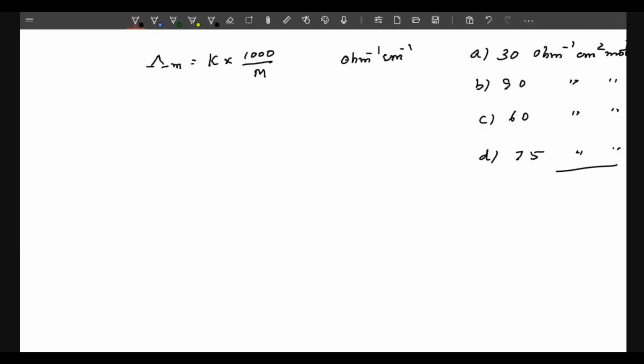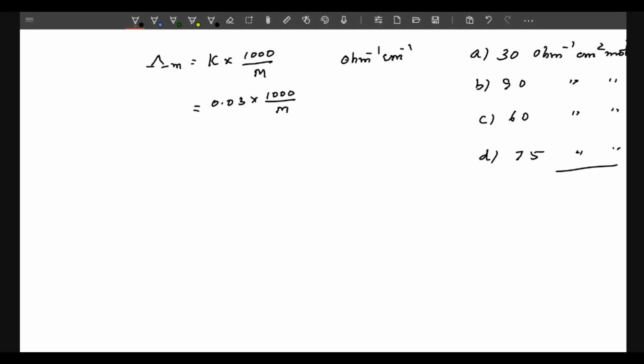It is given in per centimeter, 0.03, into 1000. What is the molarity of the solution? If you see this, 1 mole of the electrolyte is present in 2 liter of the solution. What is molarity?